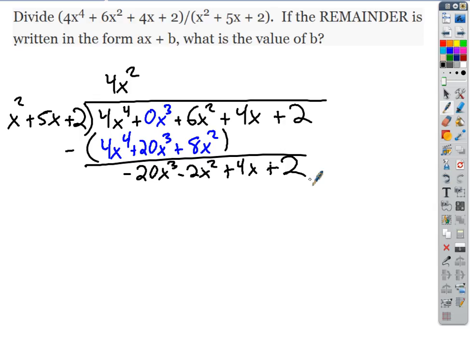Negative 20x. x squared times what is negative 20x cubed? Negative 20x. Good.